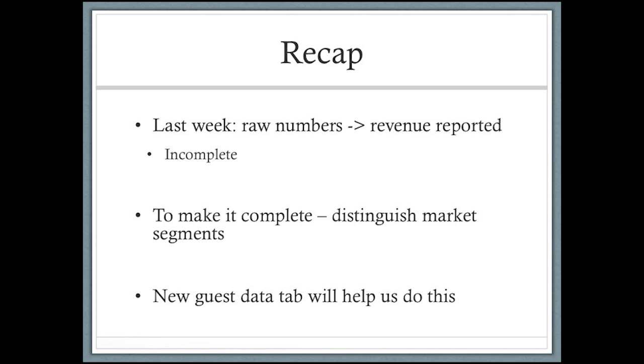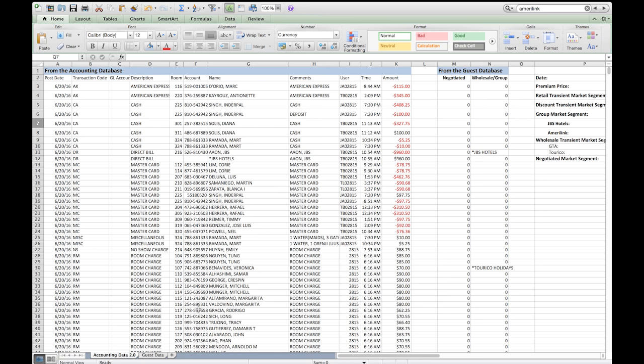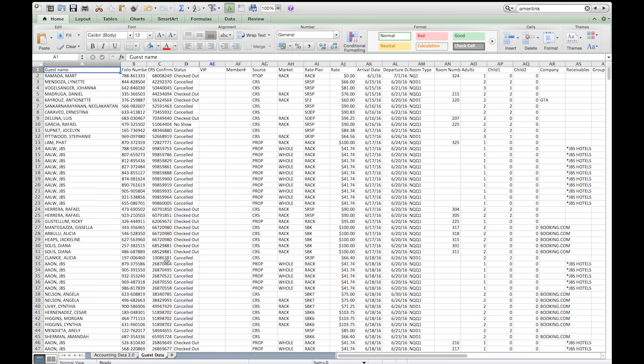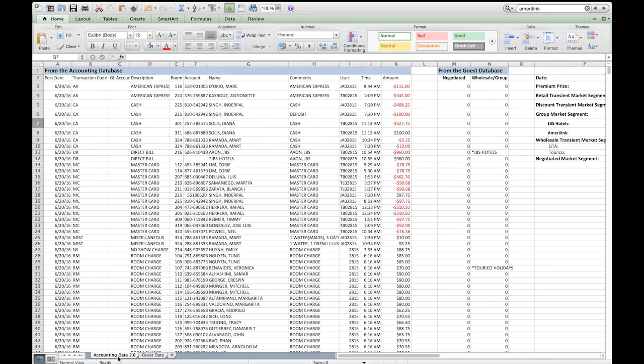We want to take it a step further by reporting revenue by the market segments for each day. Therefore, we take this new stuff, this guest database, the tab you see here, and we add it to the accounting data to make a new and improved database, accounting data 2.0 that now allows us to distinguish the market segments.